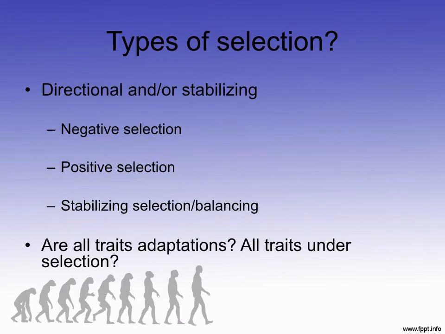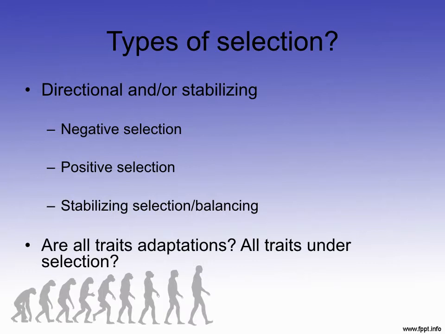Selection can be positive, can be negative, and can be stabilizing. So, negative selection is removing an allele or a trait from a population. Positive selection is selecting for or increasing the frequency of that allele or trait. And stabilizing selection or balancing is maintaining multiple alleles within a population or maintaining an allele in a population that seems like it should be negatively selected or selected against.